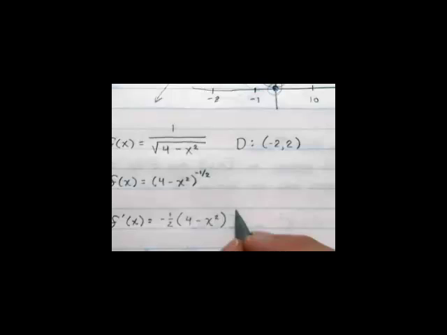What's going to be my new exponent? Negative 3/2. And then multiply that by the derivative of the inside. Remember in this one, our u would be this 4 minus x squared. So what's the derivative I'm multiplying by here? Negative 2x.